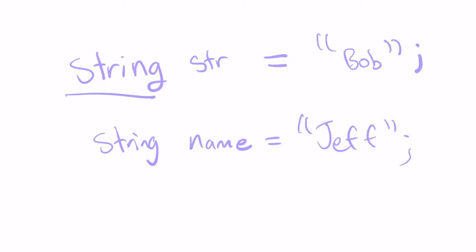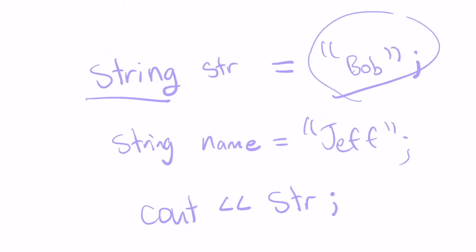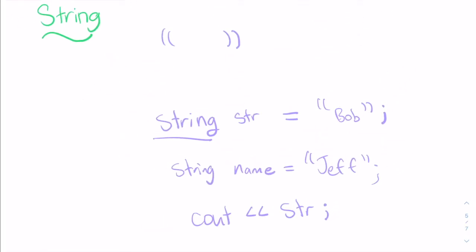So strings are very useful, and you can print out any data type, but it's especially useful to print out strings. For example, if we do cout str, then it's just going to print Bob. No quotations, obviously.